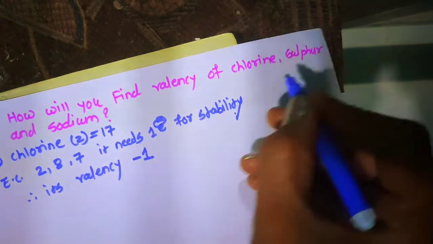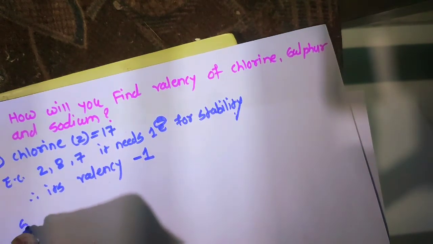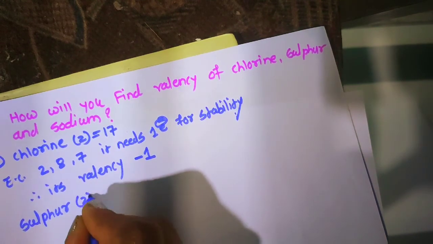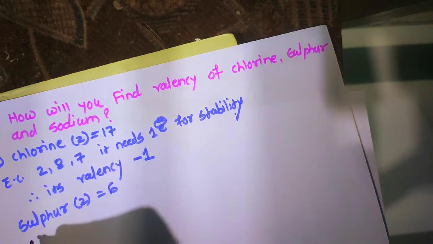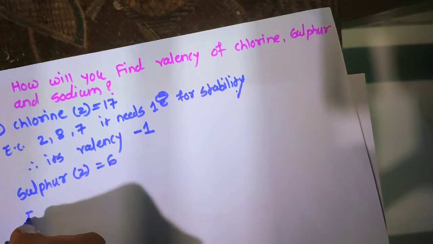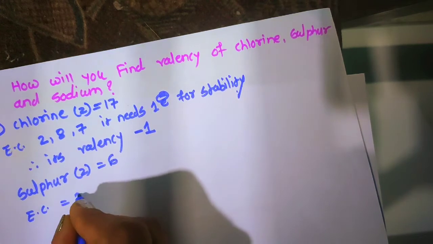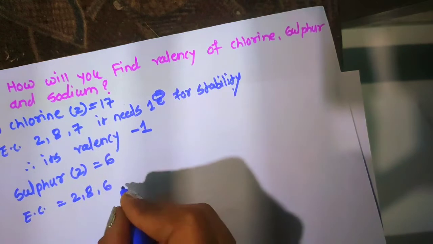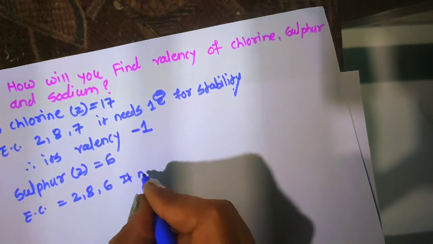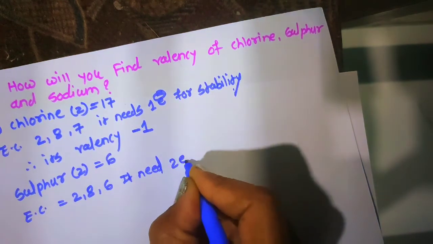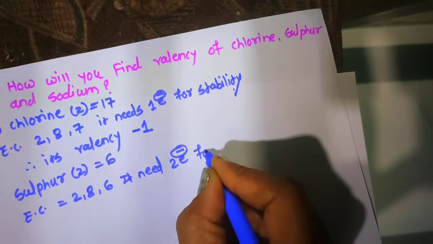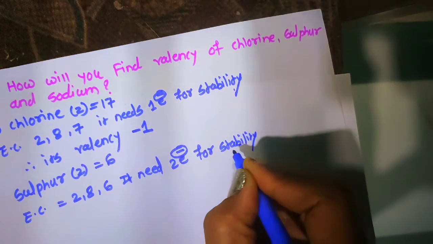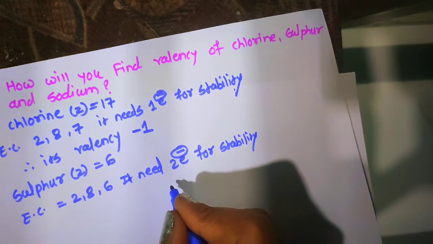Now we will move towards the next, that is sulfur. Its atomic number is 16. Electronic configuration is 2, 8, 6. It needs 2 electrons for stability, means to complete the octet, you have to keep it in your mind.